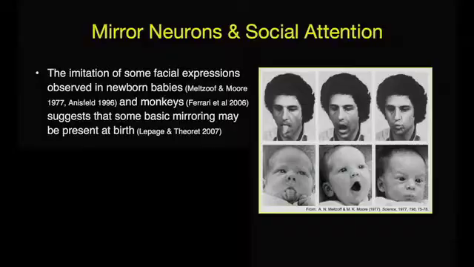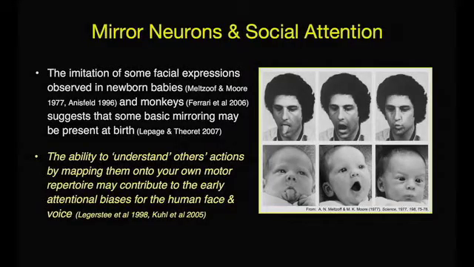But now back to why I'm trying to make a connection between mirror neurons and social attention. We know from some of the early abilities that both newborn babies as well as monkeys show from the very first few days of life that some of this mirroring seems to be happening at birth, at least for some of the very basic rudimentary motor actions, if you will, that babies have learned to perform, basically with the orofacial musculature.